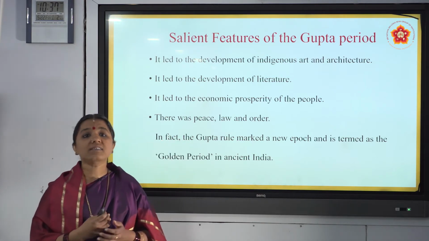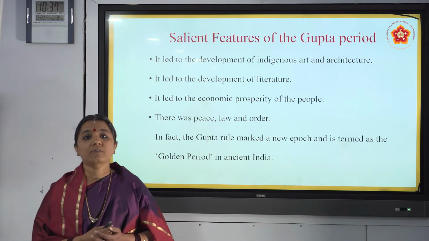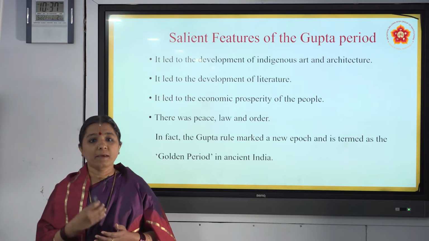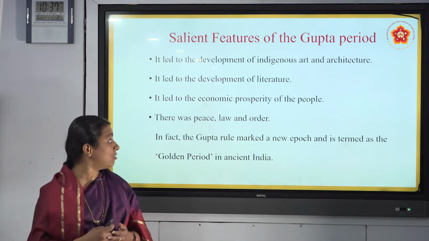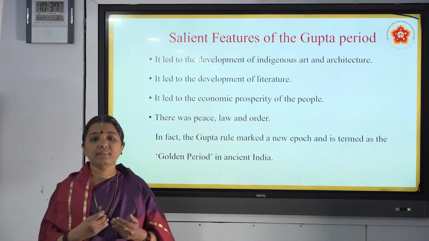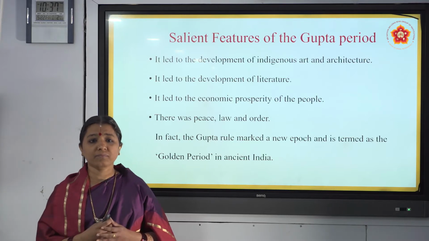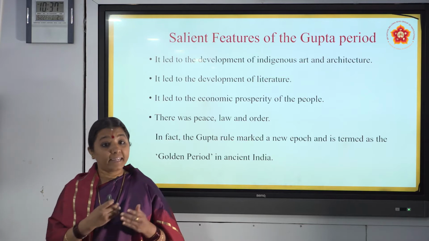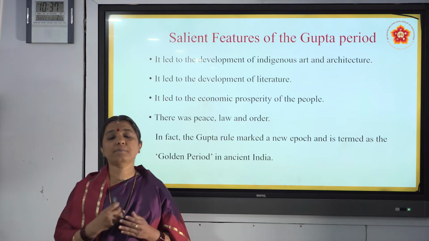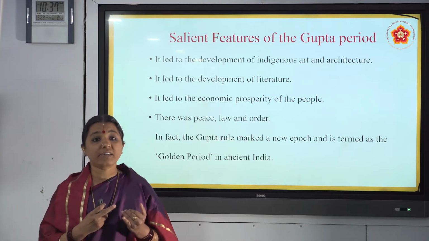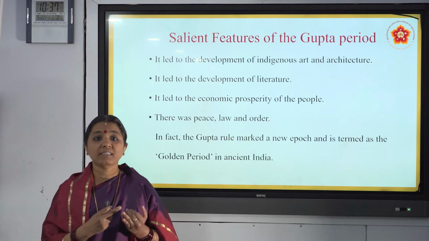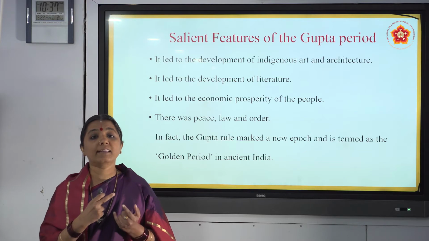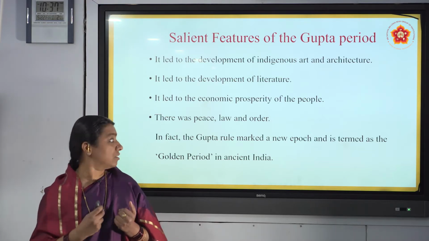Again, Fahian's account, the record of Buddhist kingdoms, made a reference that the people led an ideal life. They lived in accordance with the four principles: dharma, the righteousness; artha, the wealth; kama, the enjoyment; and moksha, the liberation.